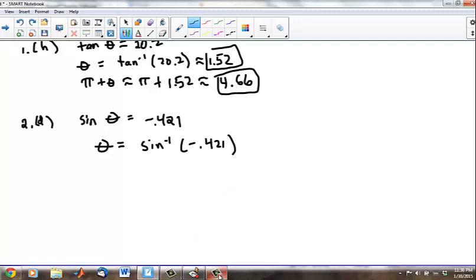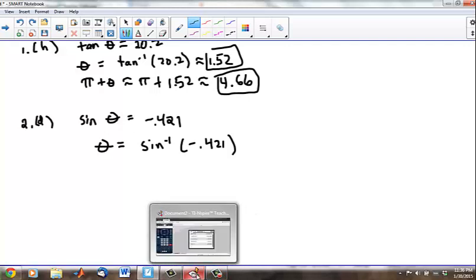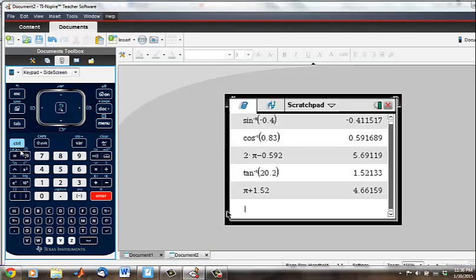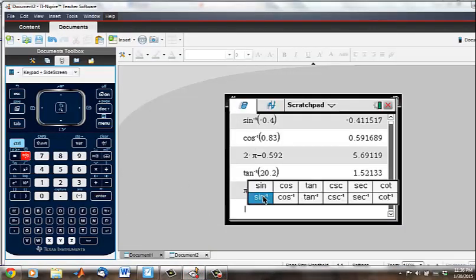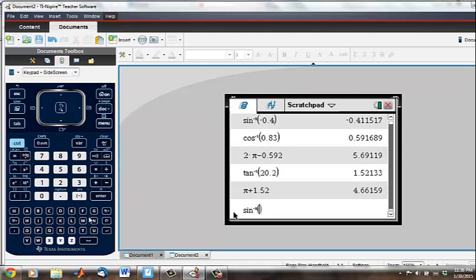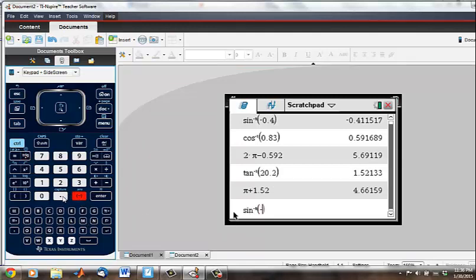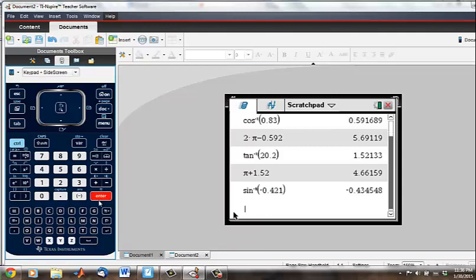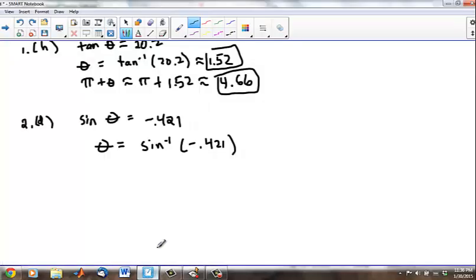Entering negative 0.421 and pressing enter, we get negative 0.435 as our theta. But we want two values which are between 0 and 2 pi.